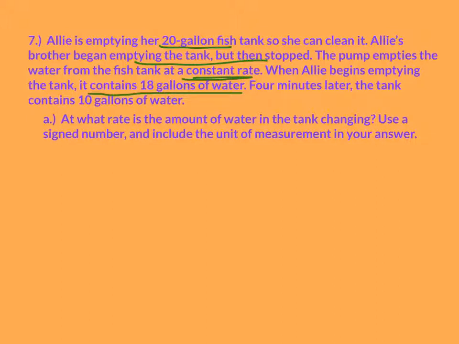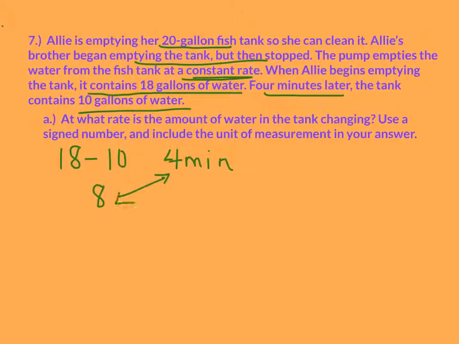She started at 18 gallons. 4 minutes later, the tank now has 10 gallons. So 18 minus 10 is 8, right? So that means in 4 minutes, it went down negative 8.